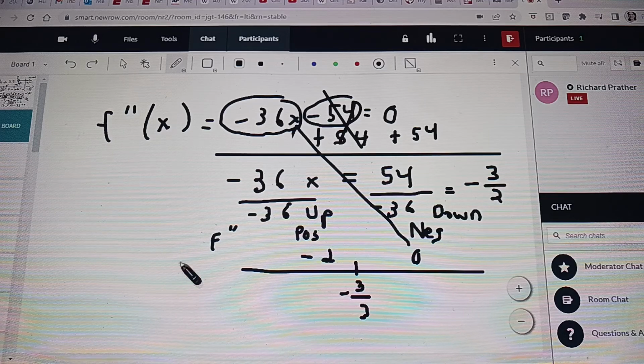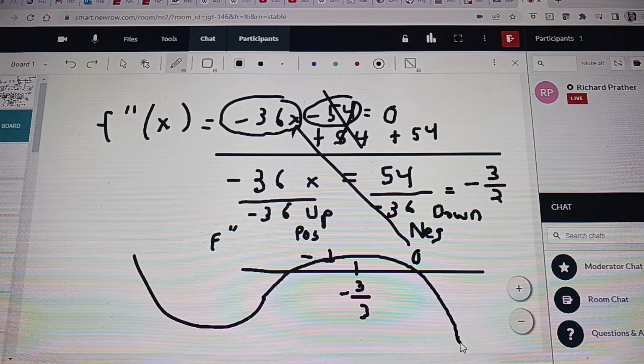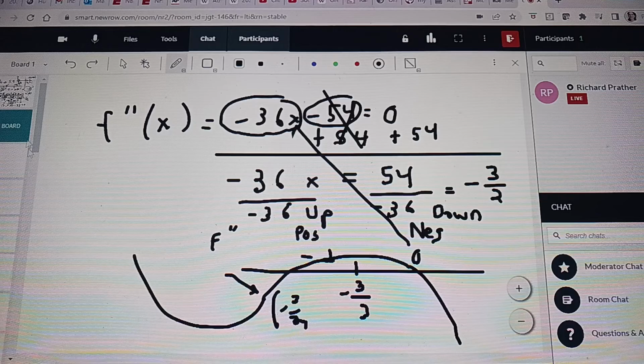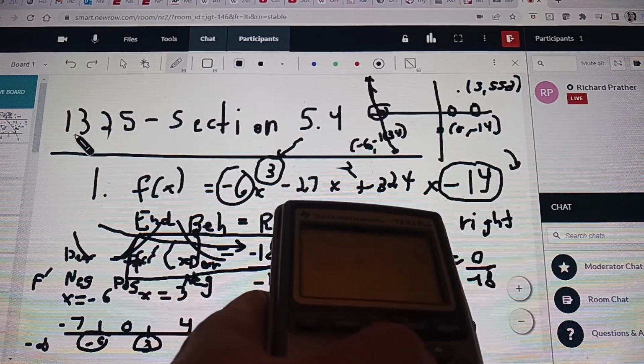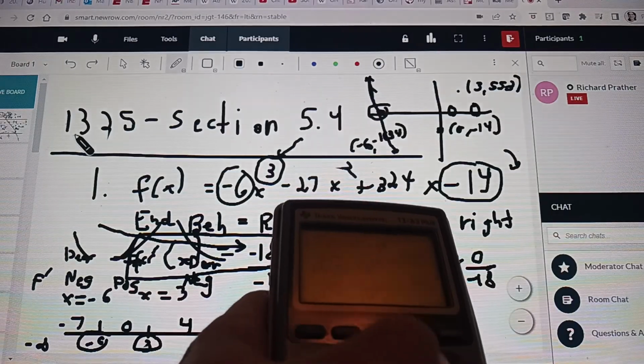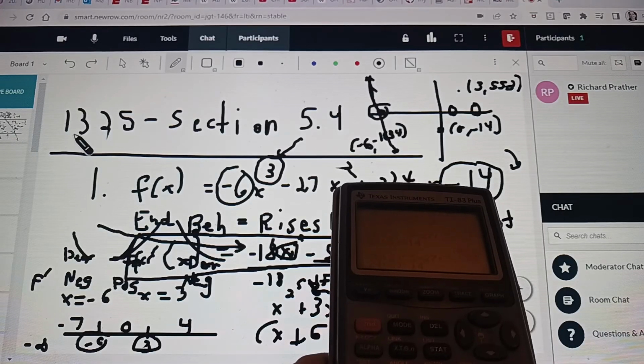So you're concave up like so until you get to negative 3 halves, then you're concave down after that. And that means that spot at negative 3 halves is an inflection point. There's an inflection point at negative 3 halves, comma, whatever plugging negative 3 halves into the original problem gives you. So I'm going to do that one real quick here. So let's insert a negative.